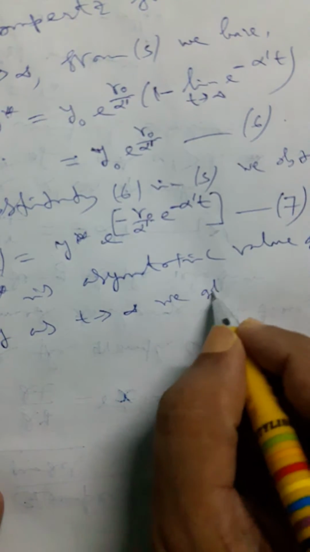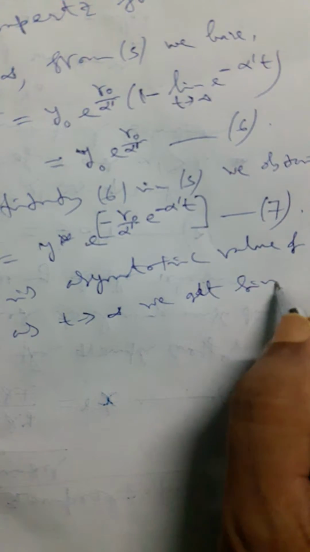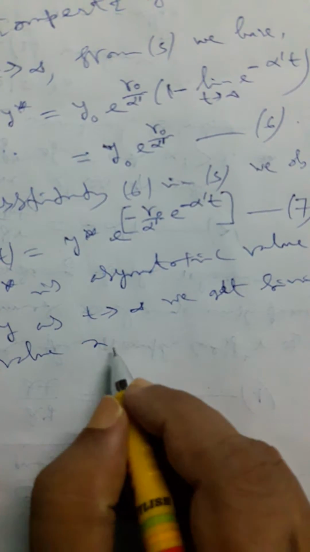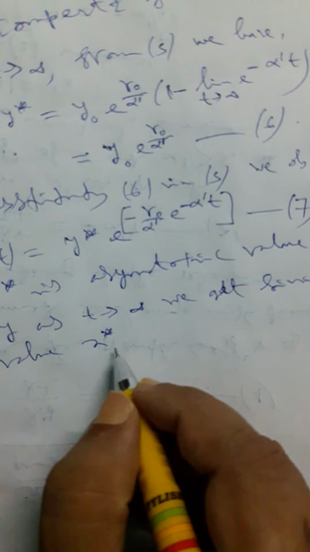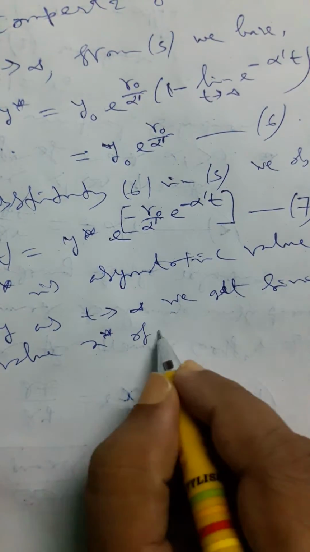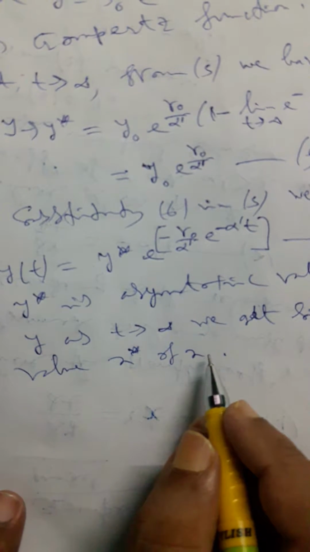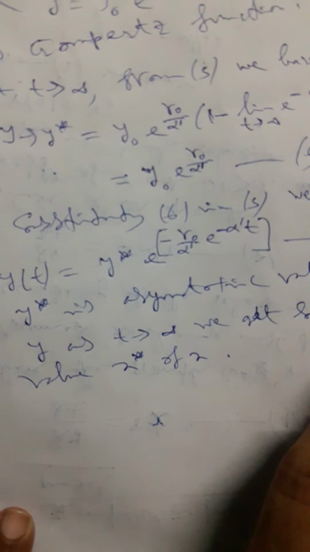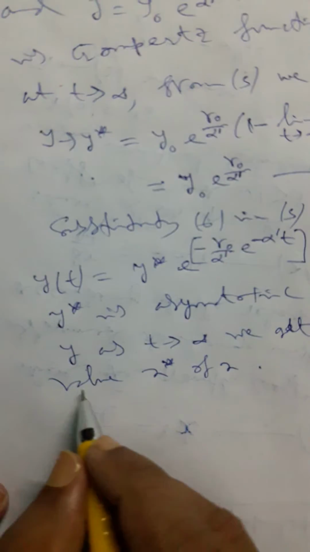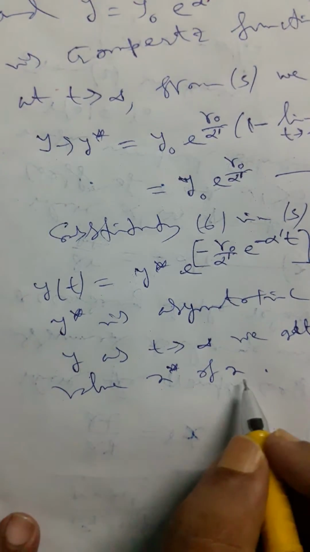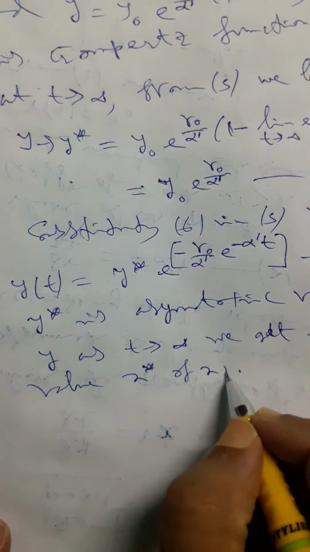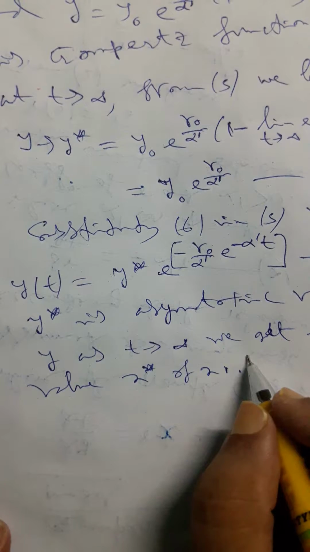We get a finite value, a fixed value, the quantity y star. In this sense, it is the carrying capacity.